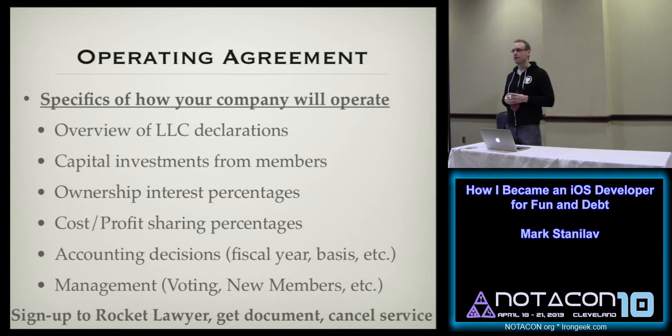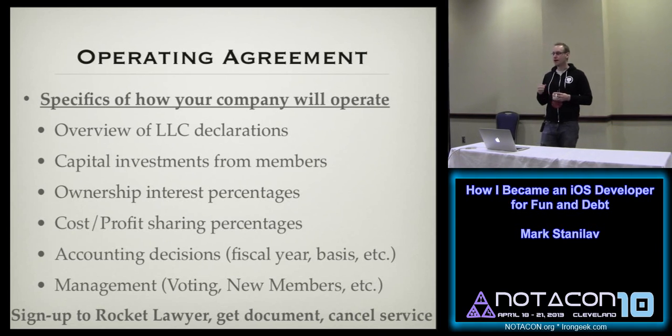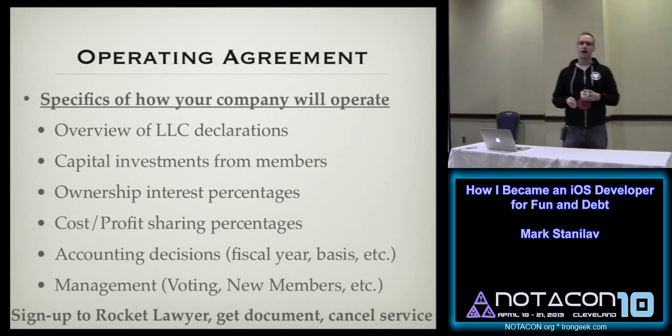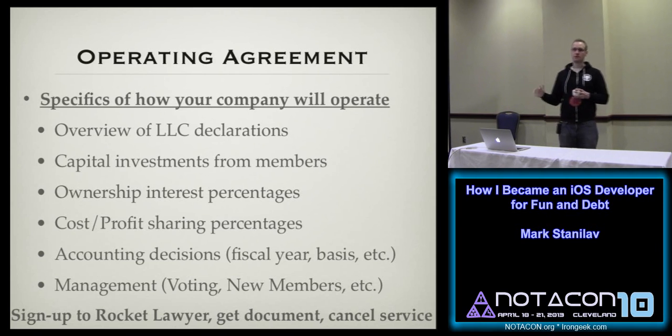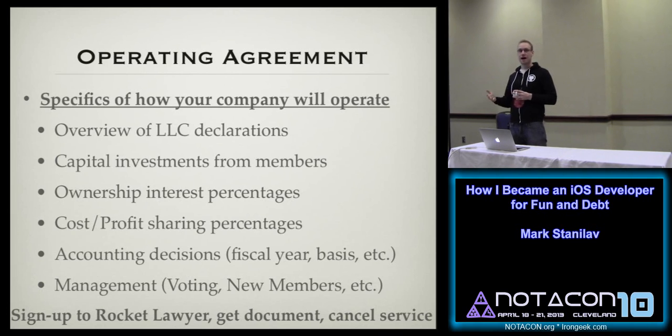With Rocket Lawyer and a couple of the other online legal services sites, you can very easily sign up for a free trial. You have like 30 days or whatever. You can download and create as many documents as you want on Rocket Lawyer, and then cancel online without talking to anyone, and you're done. So if you need an operating agreement, you can get a very nice one, one that has had some oversight by an actual lawyer.